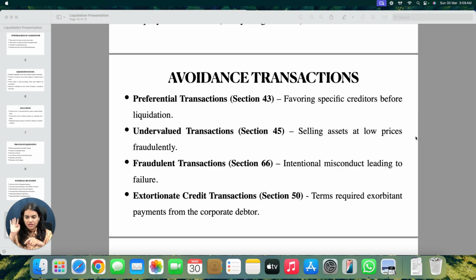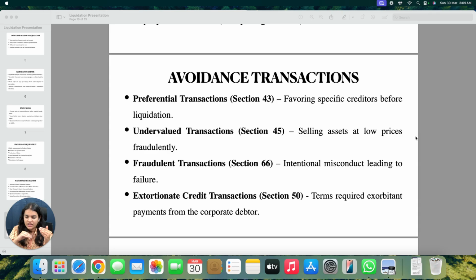If it is a fraud in 2008, if it is a fraud in 2018, it is still fraud, and such a transaction will be considered void, and the adjudicating authority will try to restore the position of the corporate debtor prior to such a transaction having taken place with regards to that particular asset.